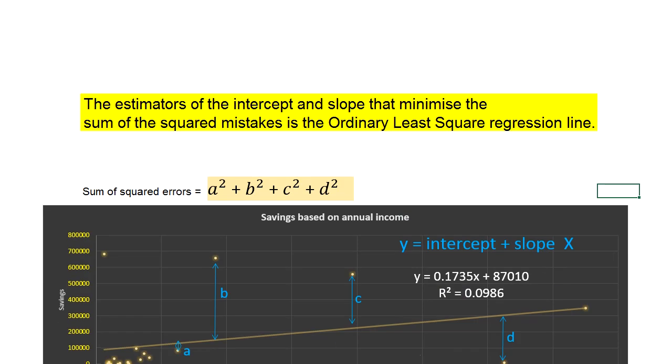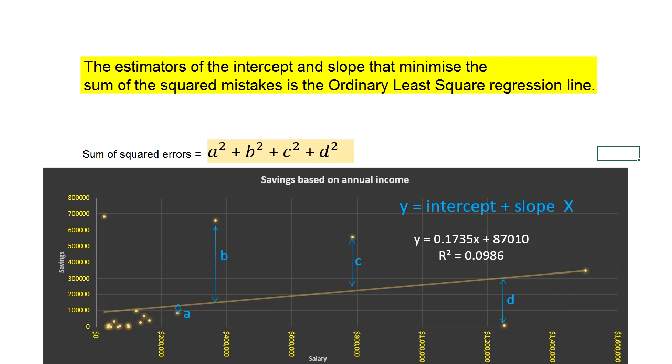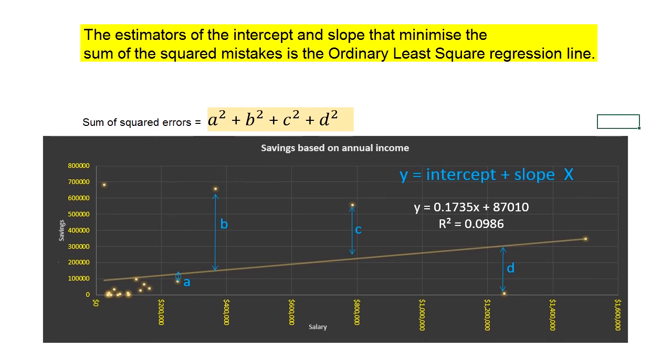So what we have done here, so this is the linear regression. So this is the line. Now you can see already this line, the linear regression, is only an estimate. That's very important to remember.